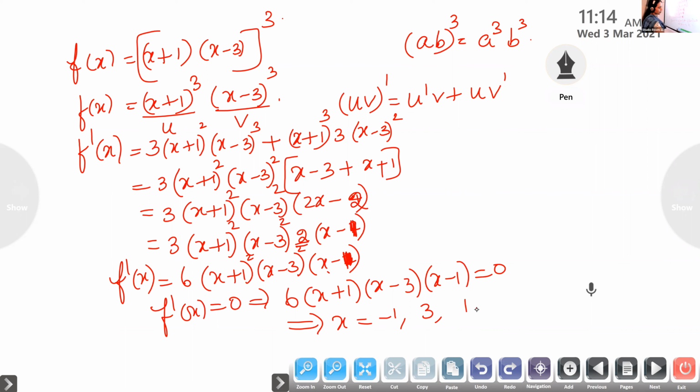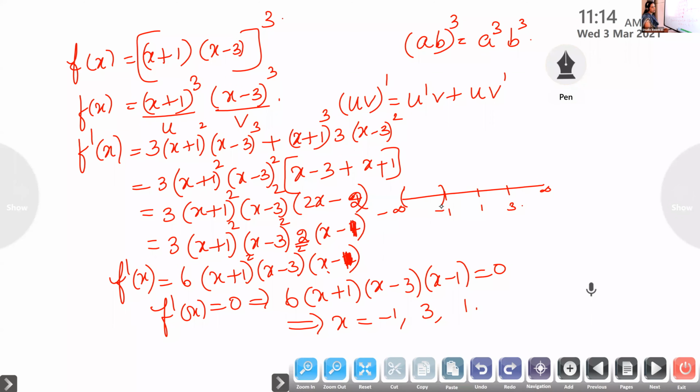Okay, the number line is from minus infinity to infinity. So which values are we getting here? Minus 1, 1, 3. So we are dividing this into how many intervals? 4.